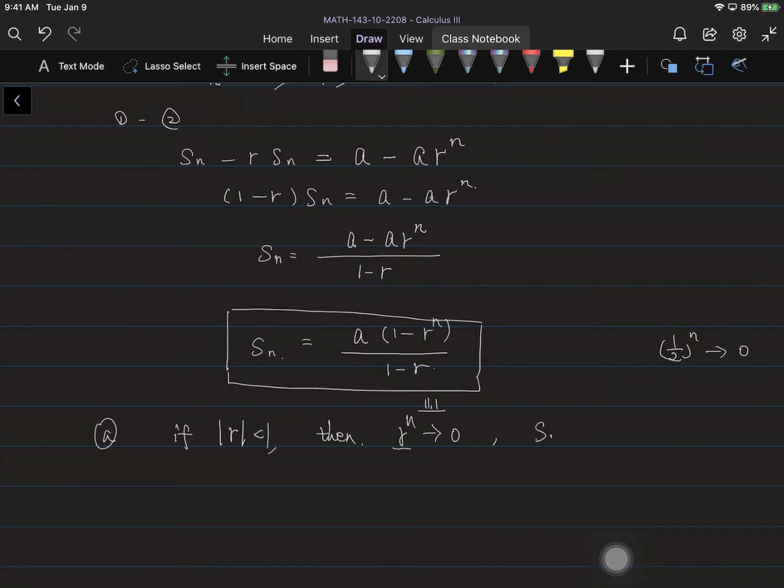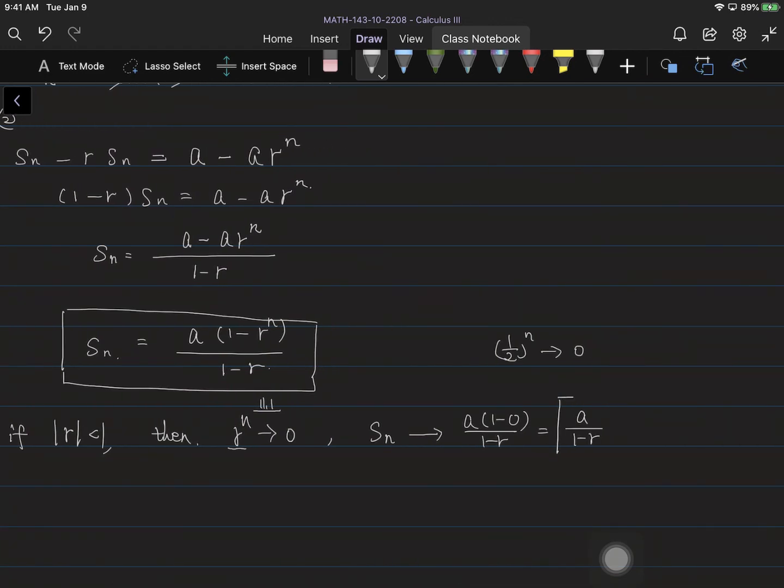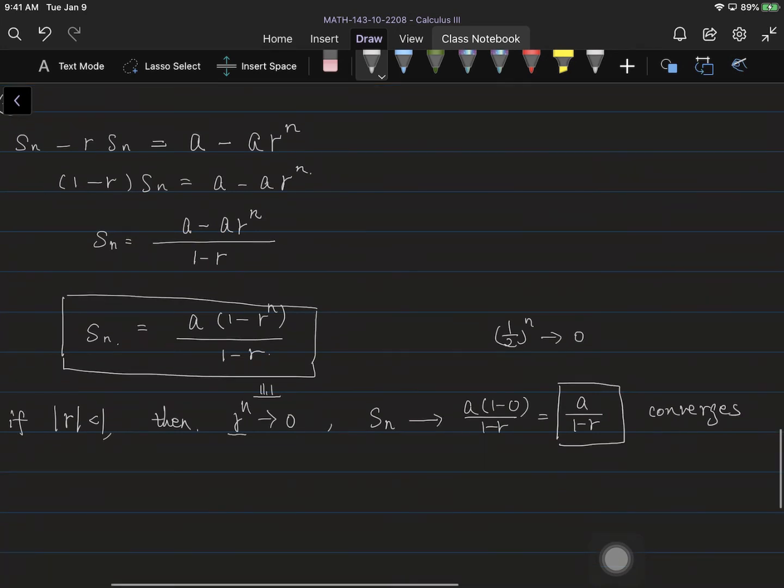So Sn goes to a times 1 minus 0 over 1 minus r. Simplify: a over 1 minus r. And this will be the sum of the series. So we know when the absolute value of r is less than 1, the geometric series converges to this number.